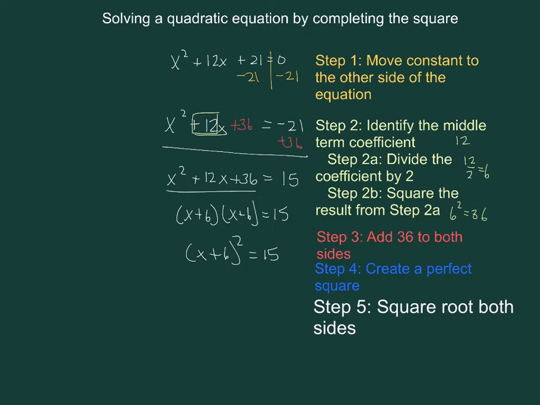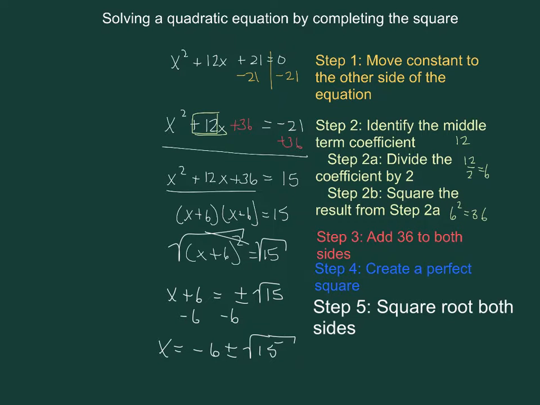So when I square root both sides, the squaring of a square root, or the square root of a square, or however you want to say that, basically just cancels those out, leaving us with x plus 6. And remember, when we take the square root of something, it can be both positive and negative. Finally, step 6, which I'm not going to write out because it's pretty straightforward, is you subtract 6 from both sides to isolate x, and you get negative 6 plus or minus the square root of 15.